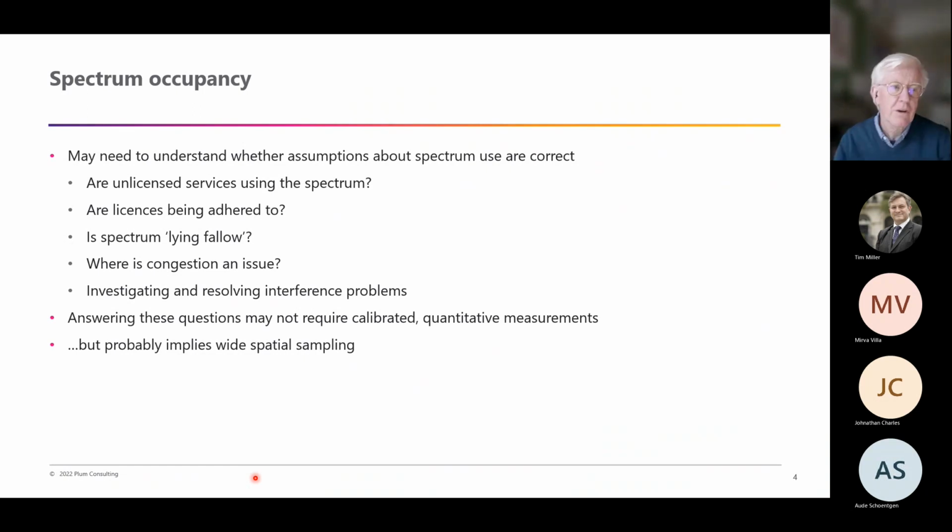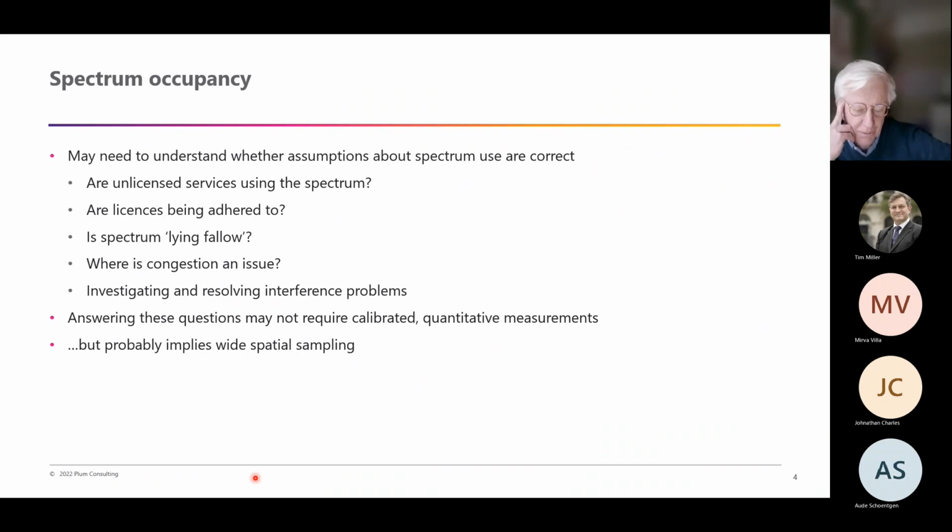So thinking about spectrum occupancy, as I say, we may need to know whether there are licensed services using the spectrum, whether people are sticking to their license conditions, whether there's unused spectrum lying around that may be used for other things, and where congestion might be a problem. And these sorts of measurements don't necessarily require highly calibrated, very technical measurements to be made.